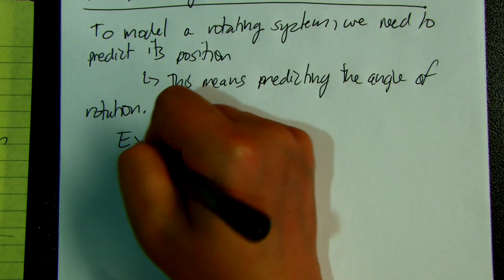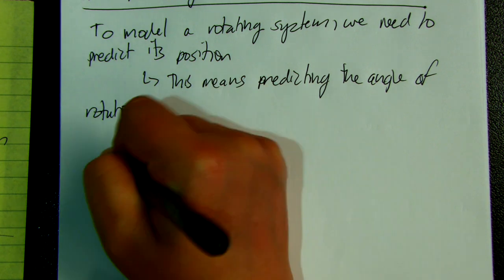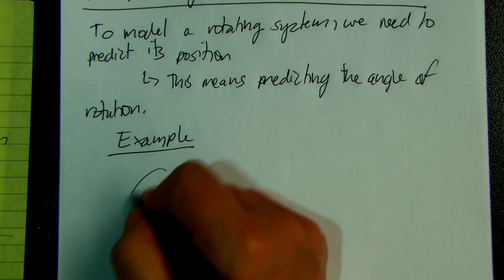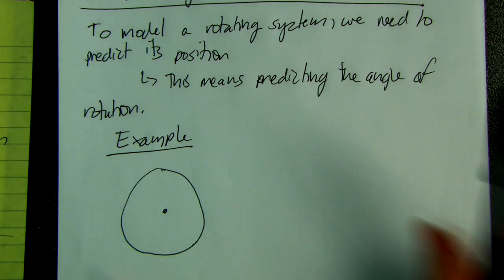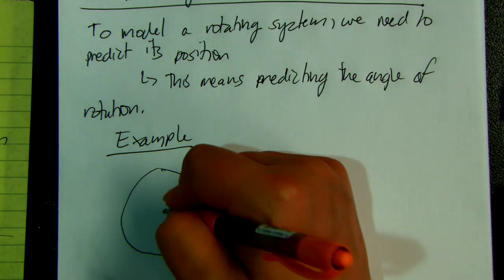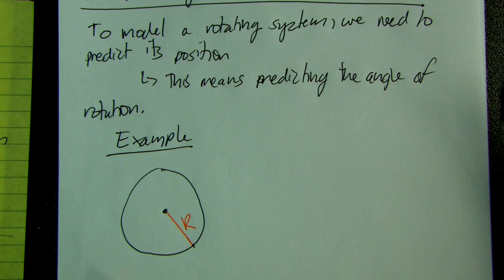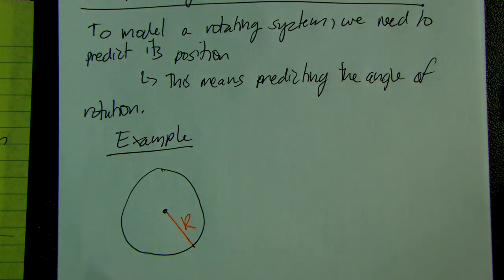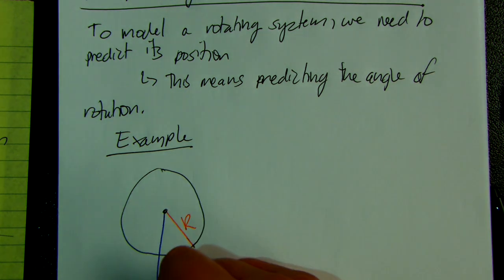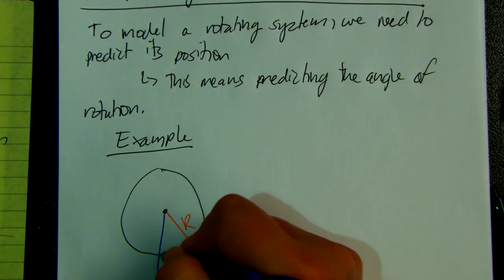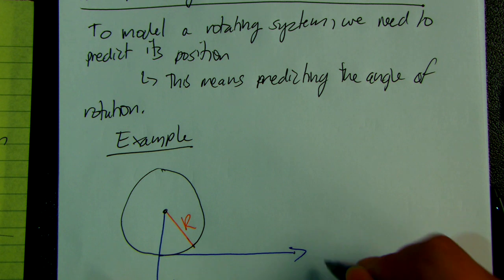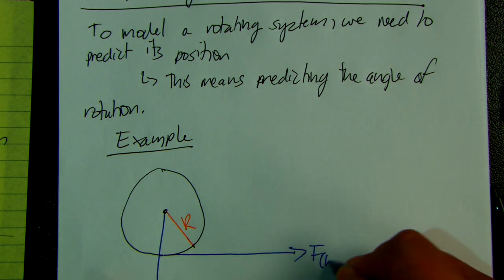So let's do an example. You have a wheel wrapped in string and you pull it to make it turn. It has a radius r. We've got some mg force coming down. Your hand is pulling a string, which is making it turn.